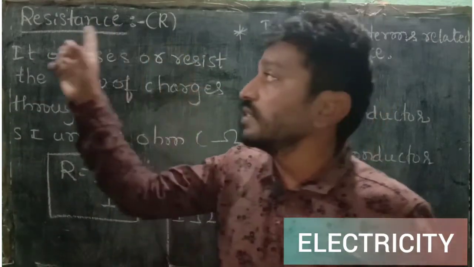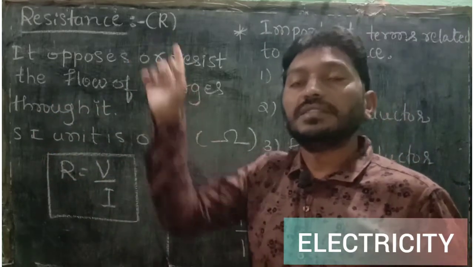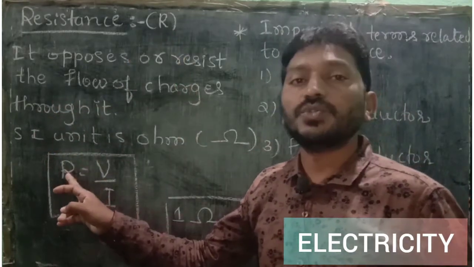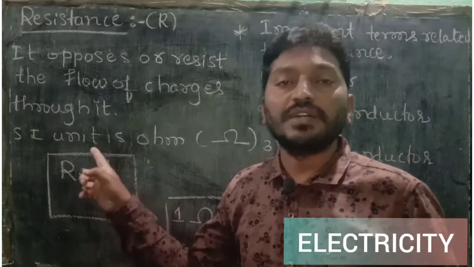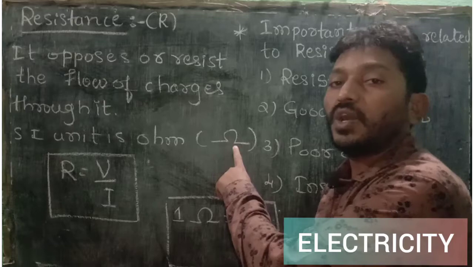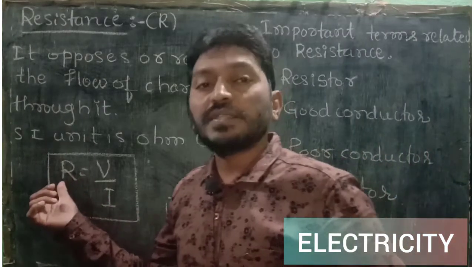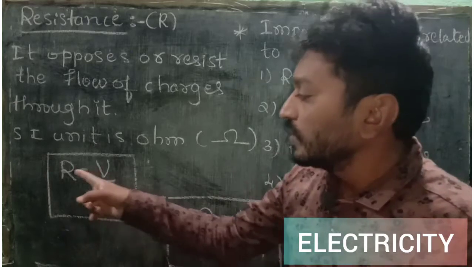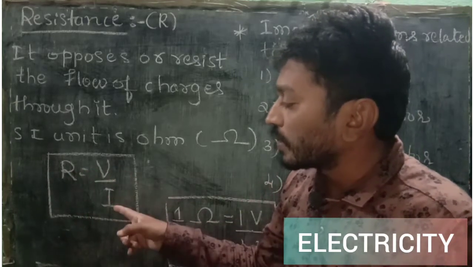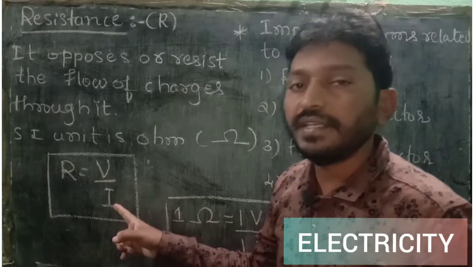Resistance is denoted by the capital letter R. The SI unit of resistance is the ohm. It has a symbol, the Greek letter omega. Resistance is mathematically defined as R equals V by I. Here V is the potential difference and I is the current.